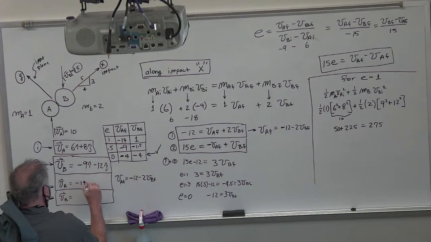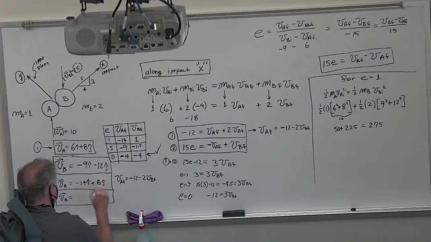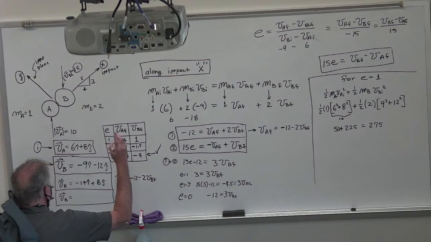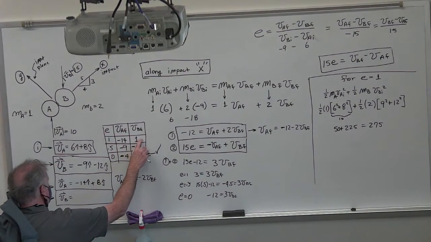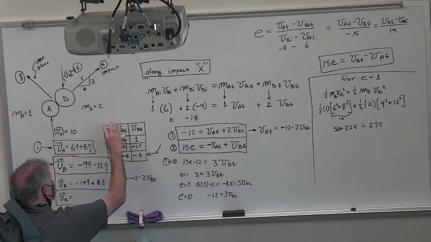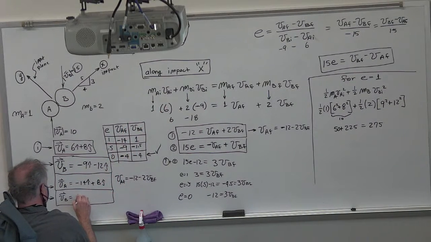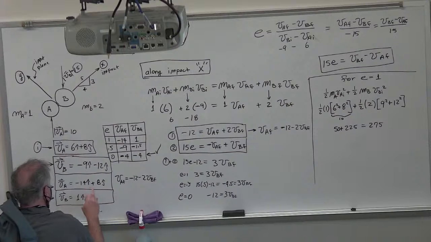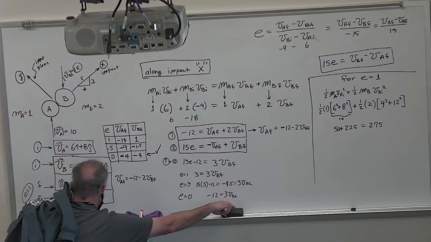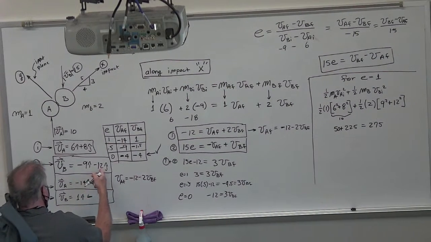Now, plus 8J. VB final. This is the X. Remember, this is along the X is where the impact occurs. Now, minus 12J.